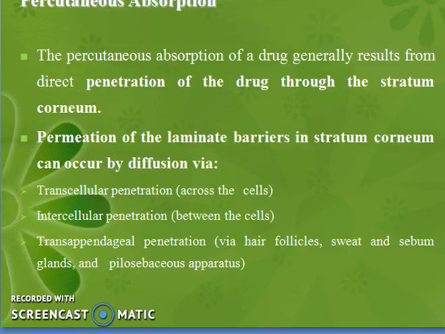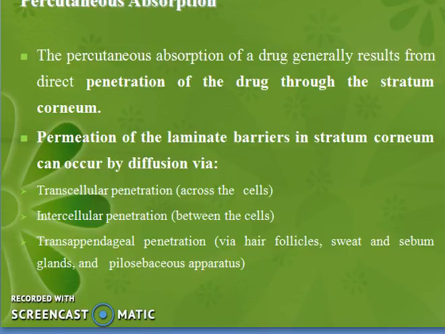The first one is transcellular penetration, that is across the cells, meaning the drug is moving through the cell. The second one is intercellular penetration, that is between the cells, meaning if we have any gaps between two cells or between two cell junctions, then such penetration may occur.